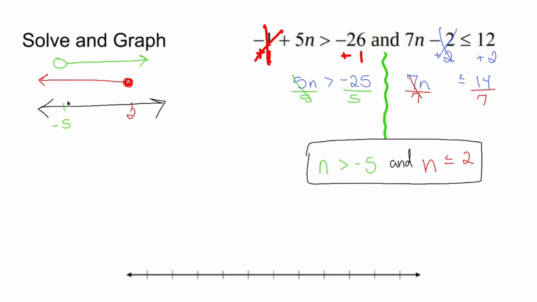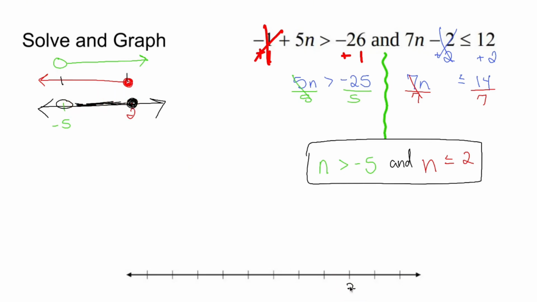Okay, now, do they overlap at -5? No, because -5 counts for green but not for red. However, it starts to overlap over here all the way up until 2. So my final answer is going to be where these two overlap: don't include -5, but do include 2. So let me go down here.